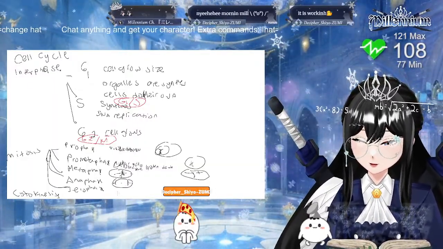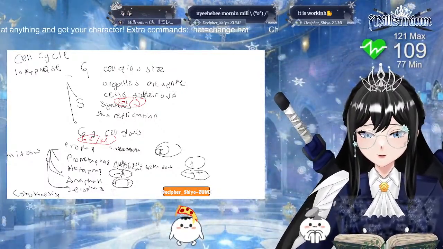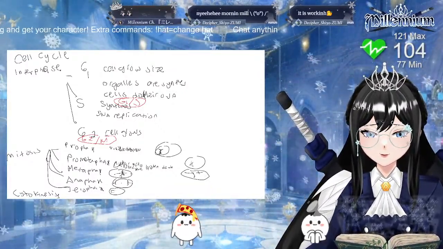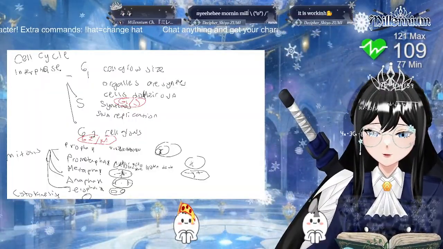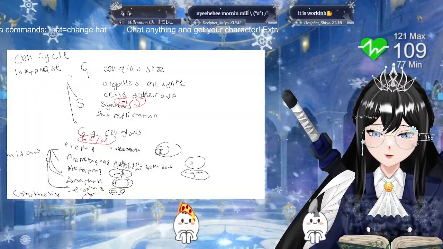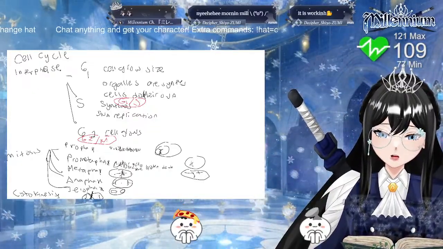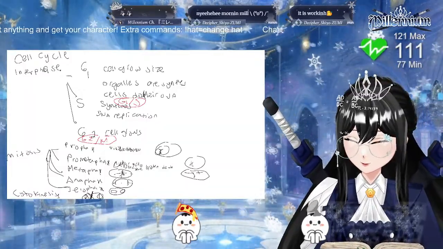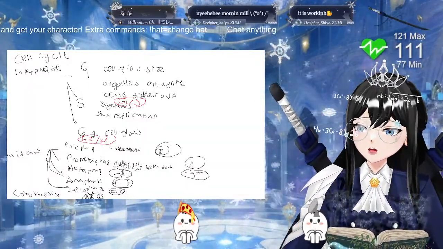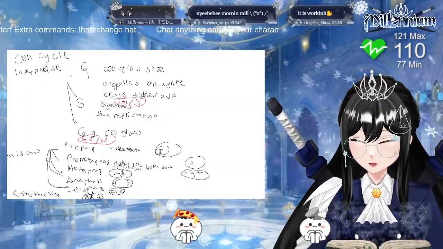Telophase is when the nuclear envelope will start to reform like that. Cytokinesis is when it would really separate already, and your nuclear envelope is now reformed as well. So that is the cell cycle in order.